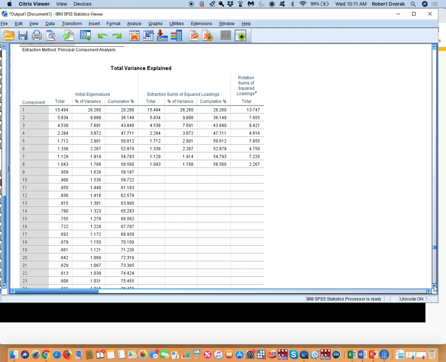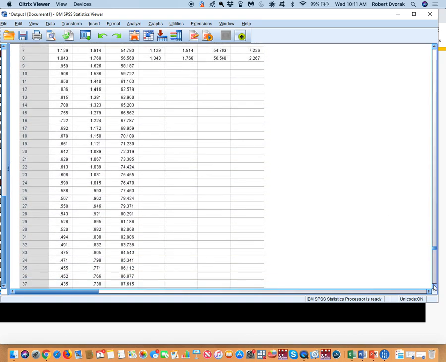And so when you select an oblique rotation, we wind up getting rotation sums of squared loadings, which is roughly the same as eigenvalues for unrotated, right? But instead of eigenvalues, since it's allowing for an oblique rotation, you get what's called rotation sums of squared loadings.